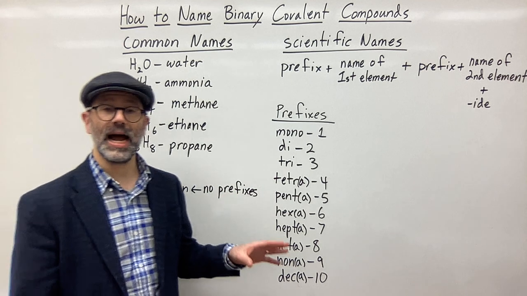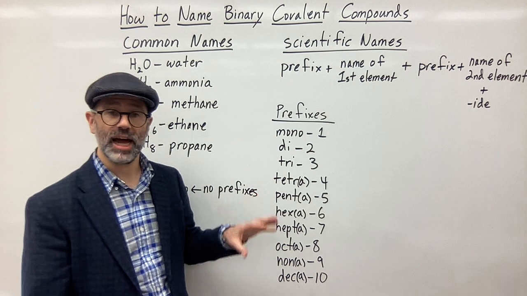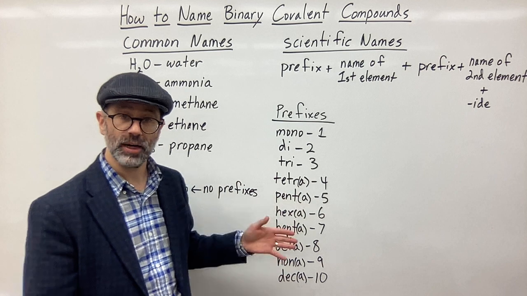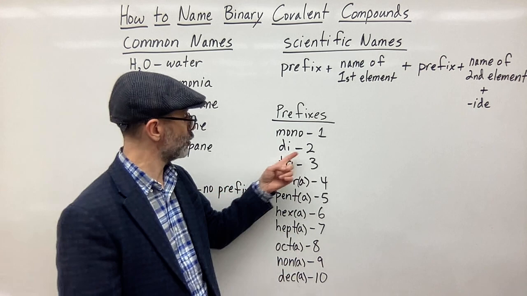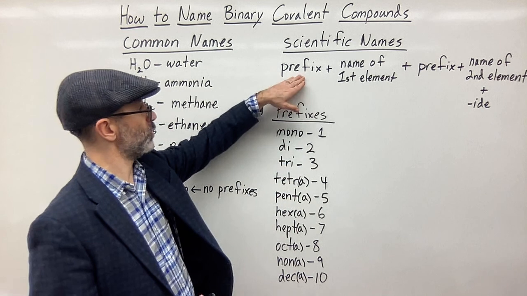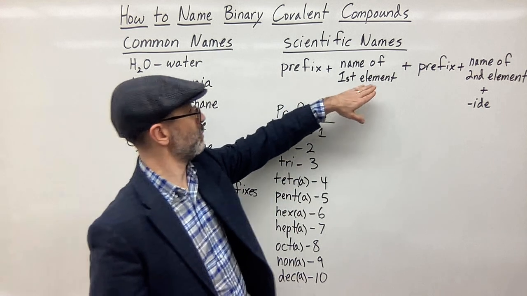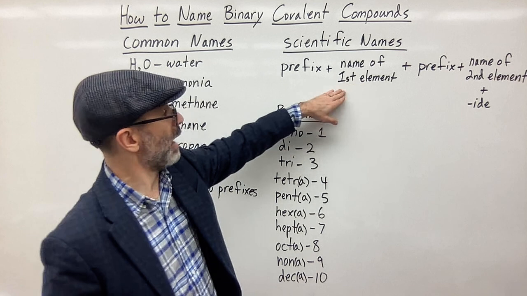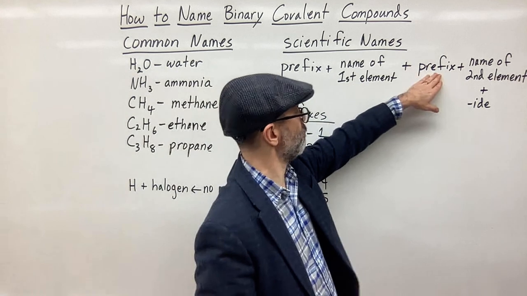Depending on how many of each atom you have, that's going to determine what prefix you put in front. So if I have two of that element for my first element, I would put di. And then it's going to be the name of whatever that first element is, followed by the second element with its prefix.